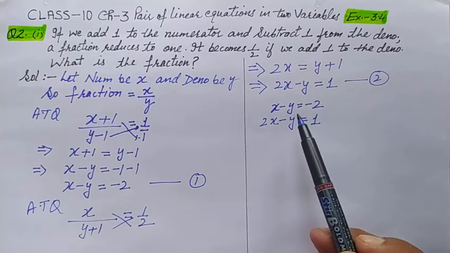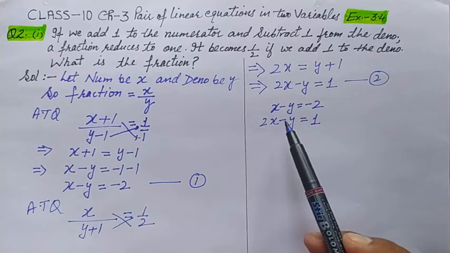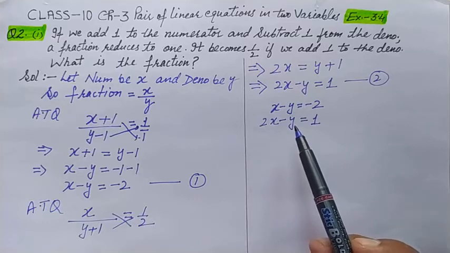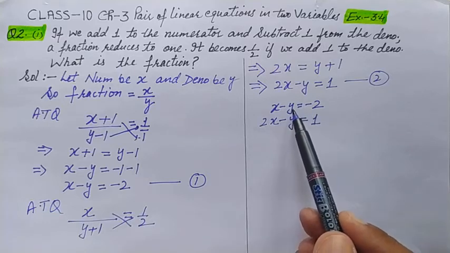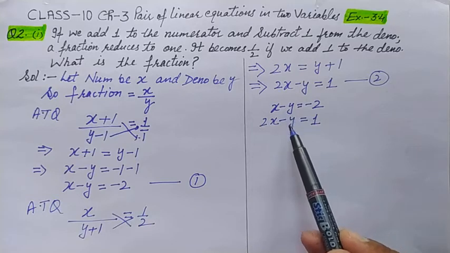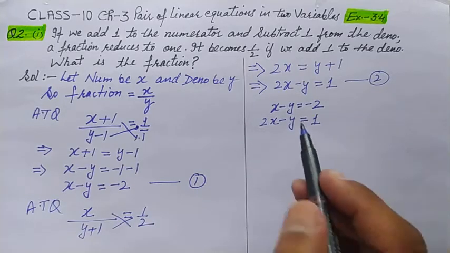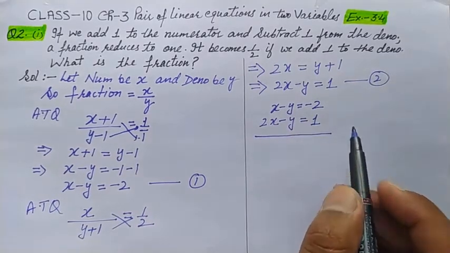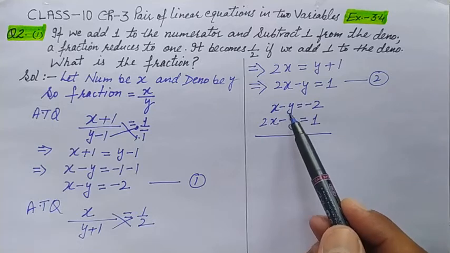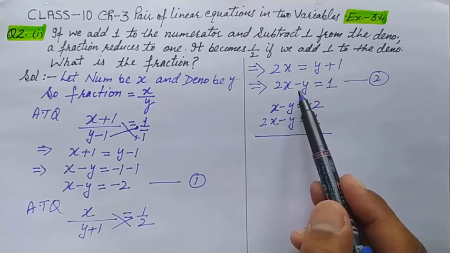In the elimination method, what we do is make the coefficient of either x or y the same in both the equations. So here the coefficient of y is minus 1 and here the coefficient of y is minus 1. So it is already the same. I told you earlier also, if the signs are the same, then we will subtract, because we are to make different signs and then they will be cancelled.